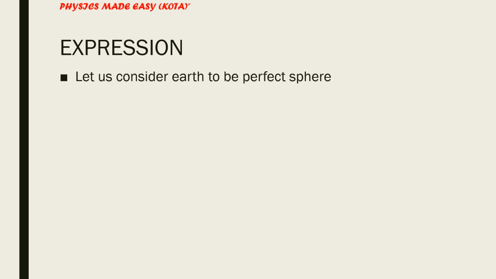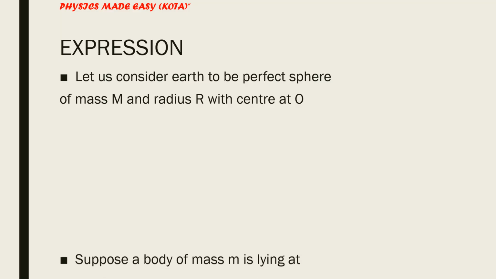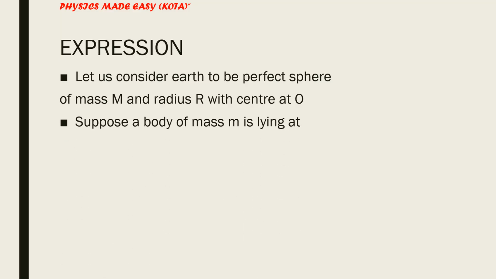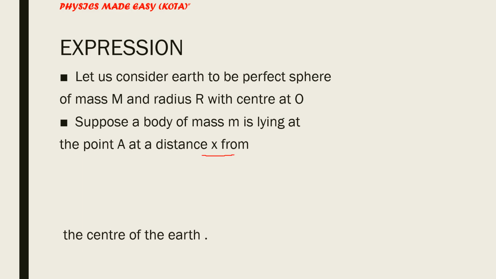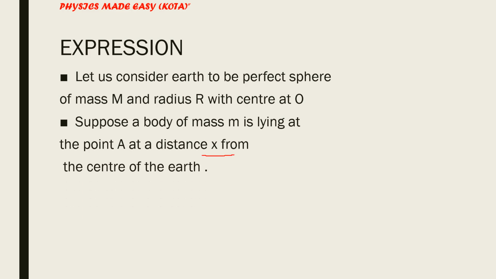For this, let us consider the earth to be a perfect sphere of mass capital M and radius R with center at O. Suppose a body of mass small m is lying at a point capital A at a distance small x from the center of the earth.